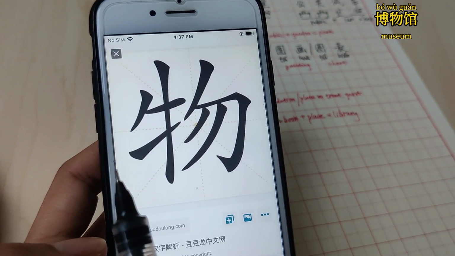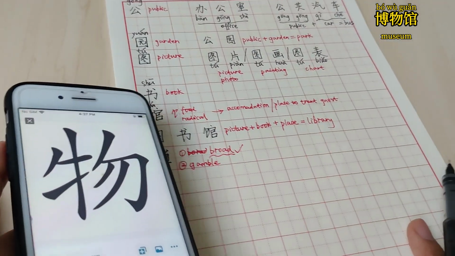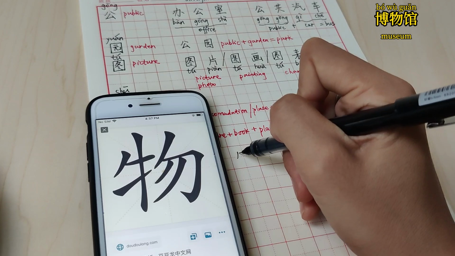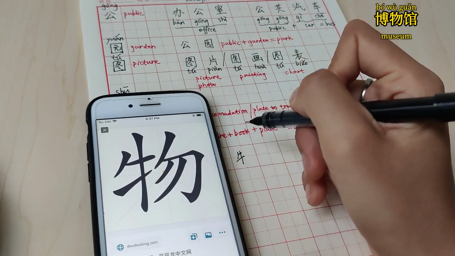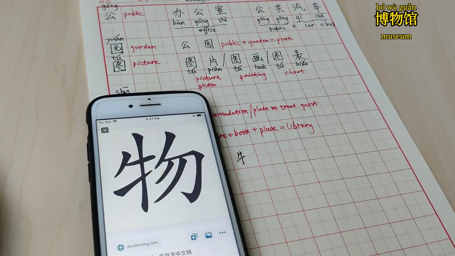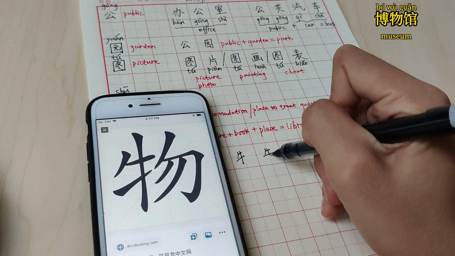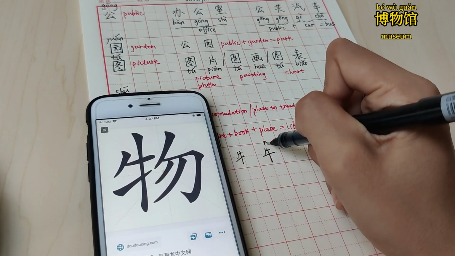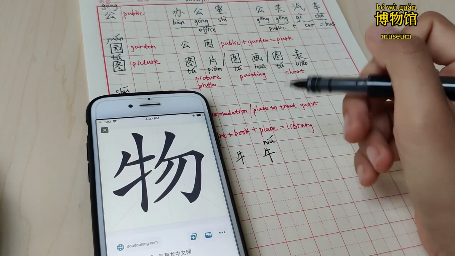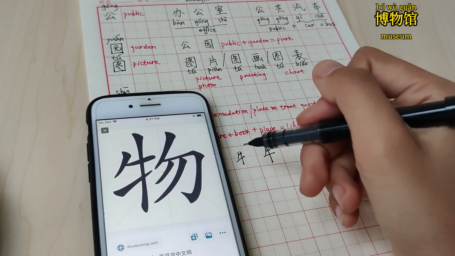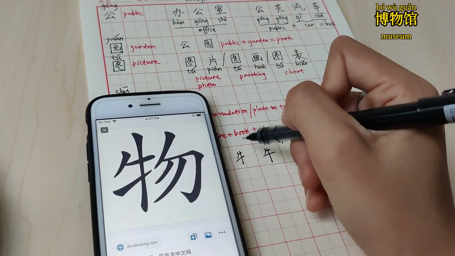It's a left-right structure. On the left, 1, 2, 3, 4. Does it look familiar to you? It looks like the 牛, right? Ox.